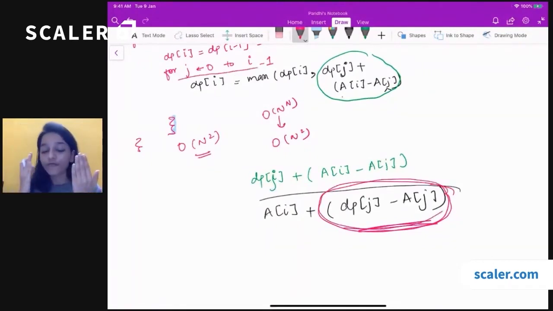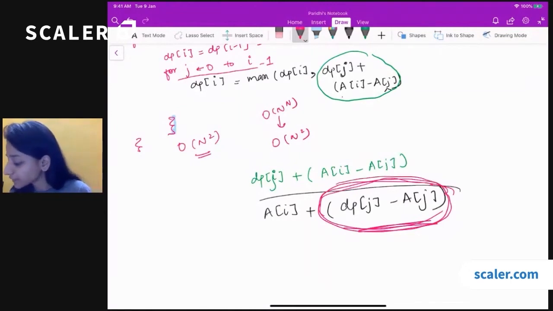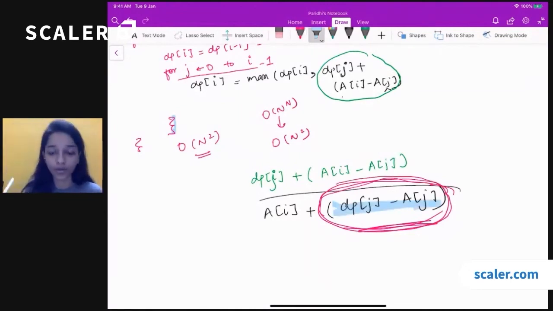We were checking for which j value this difference is maximum. Now instead of iterating through that j array, we can keep on storing the maximum value of this till now. Does that make sense?